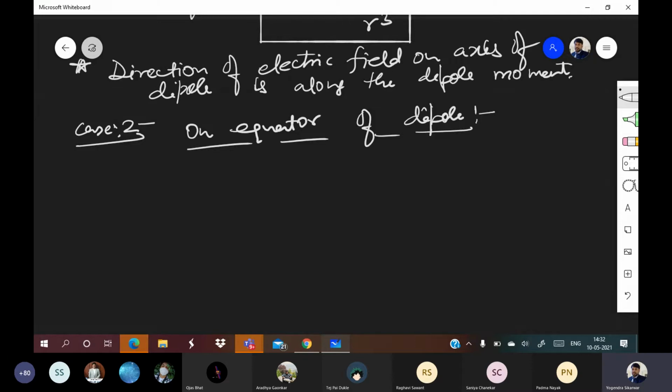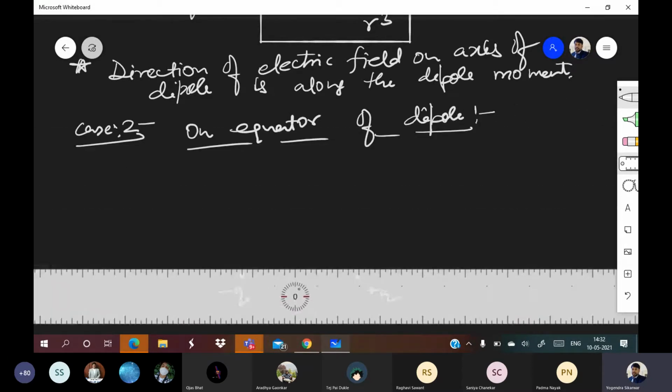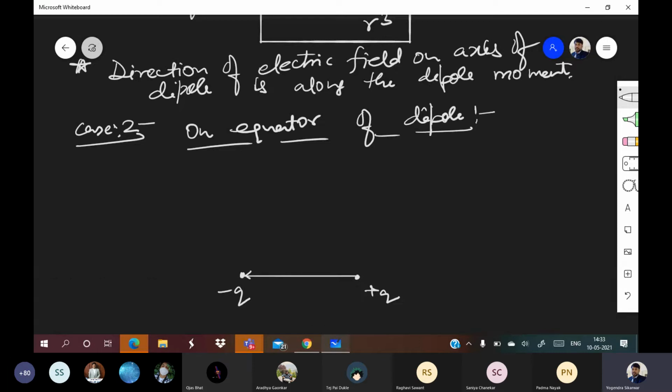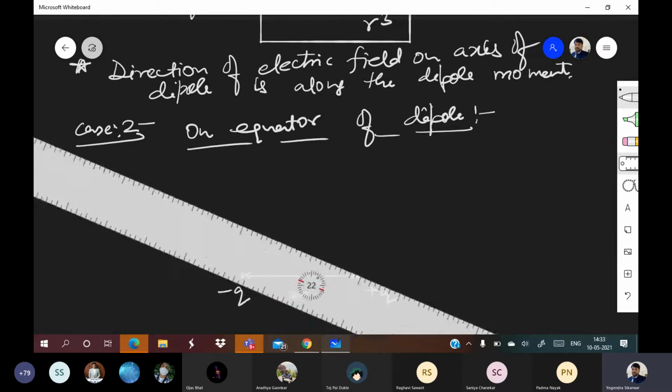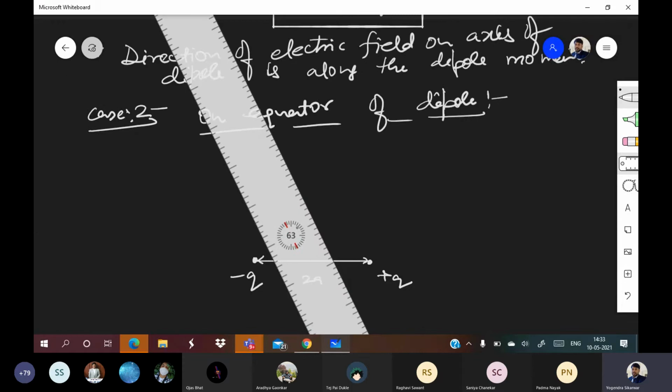So we have minus q, we have plus q. Separation between them is 2a, and there is a line which passes through the perpendicular bisector.